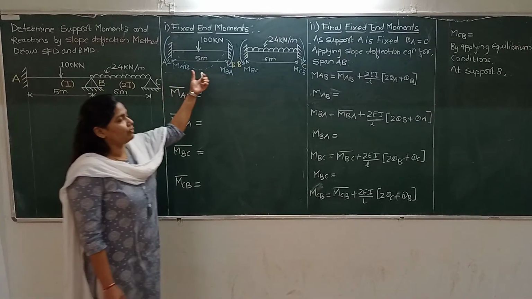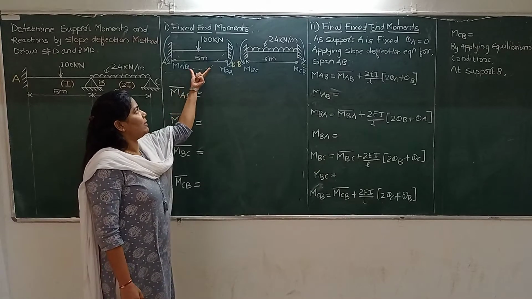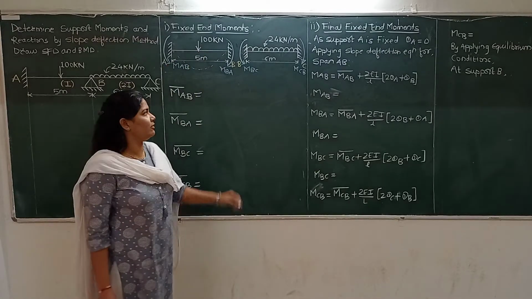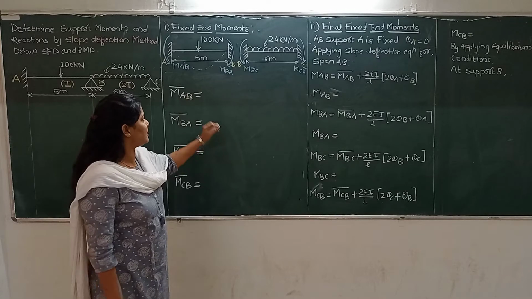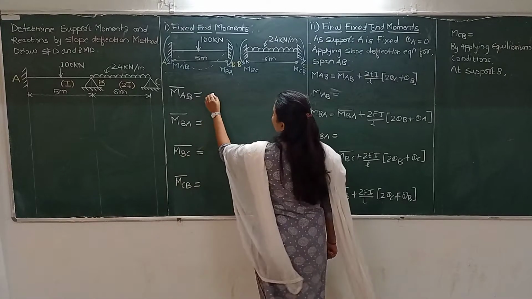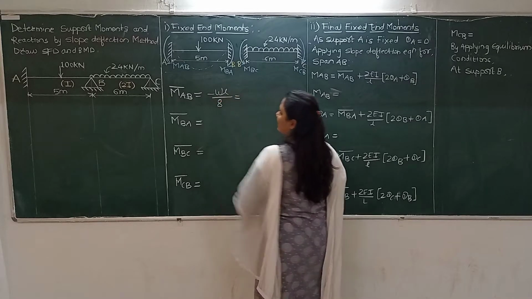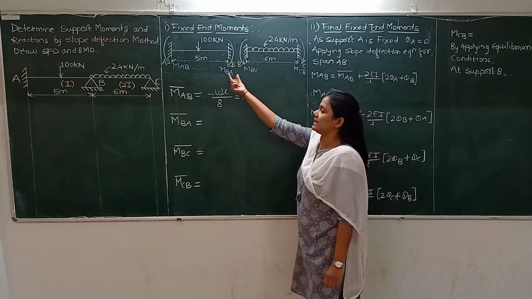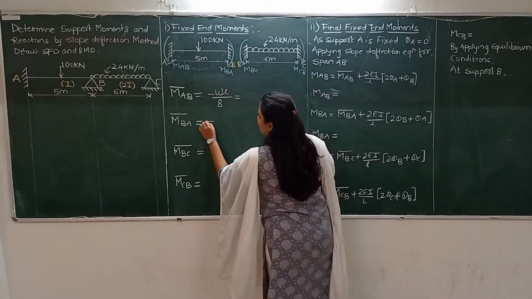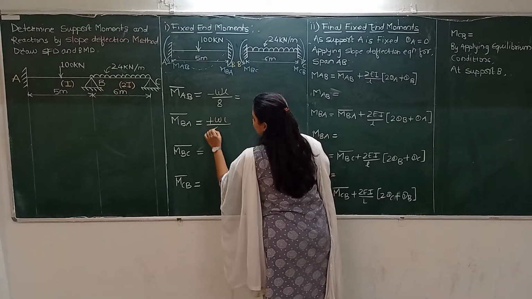The standard value of the fixed moment when span AB is subjected to a point load is MAB bar equal to minus WL by 8, and the second moment, MBA bar, is equal to plus WL by 8.